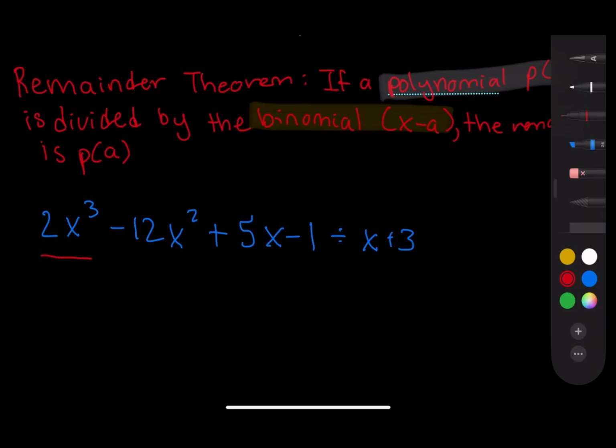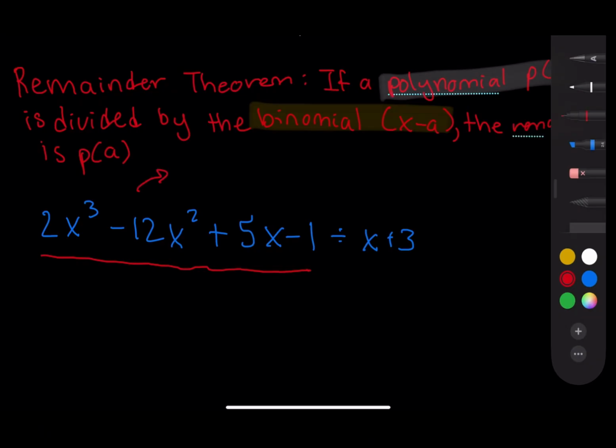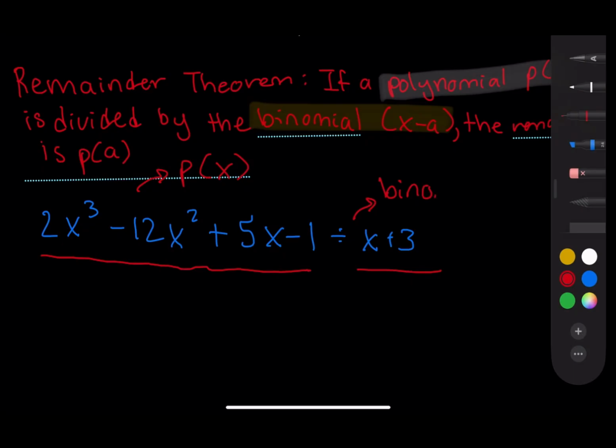So 2x cubed minus 12x squared plus 5x minus 1 is our p of x, our polynomial. And then x plus 3 here is our binomial, the x minus a.